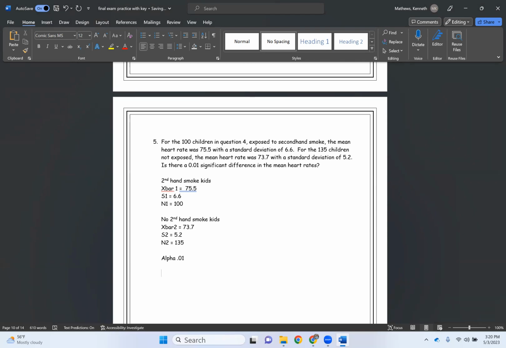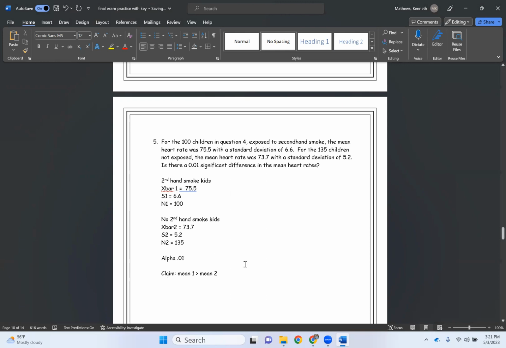Since we think the secondhand smoke kids are going to have a higher heart rate, the claim is that mean 1 is greater than mean 2. In other words, mean 1 minus mean 2 is going to be greater than 0. So that's all part 1.